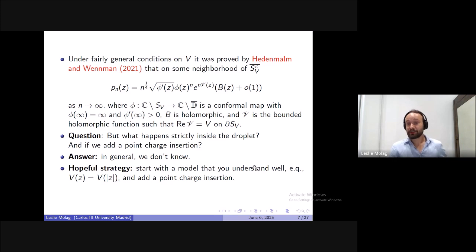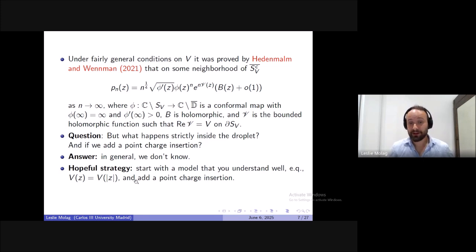And the idea is essentially that you start with a model that you understand well, for example, a model that has rotational symmetry. Then you add a point charge to it, and then you study that. The advantage of that is that a lot of behaviors of the model without the point charge insertion are still valid.